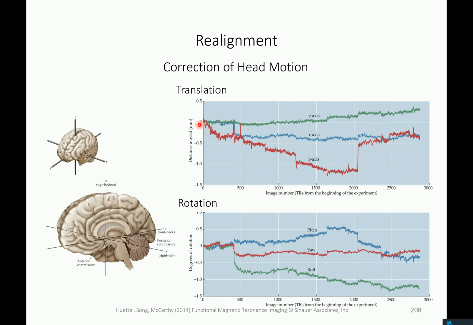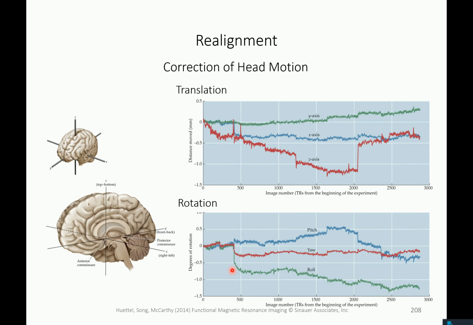The algorithm tries to estimate the translational and rotational parameters, and then you get, for example, if you do an SPM analysis, here for 3000 volumes, the parameters. You see, for example, that there was quite some movement in the z-axis, and then here there was some jump in the z-axis where maybe the participant did something. However, this is not really much, this is in millimeters.